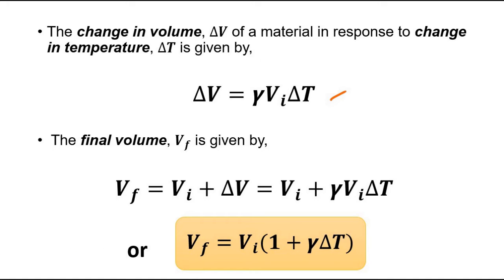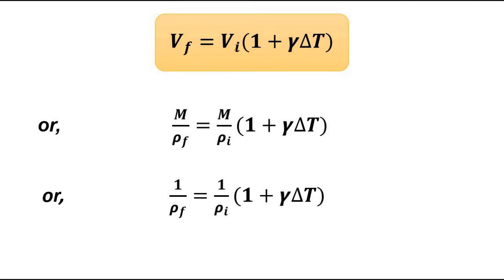Now if we take this expression, Vf is equal to Vi into (1 plus gamma delta T), and we express Vf as mass by final density rho f. Mass is always constant: the volume can increase or decrease, but the mass of that substance, capital M, remains constant.